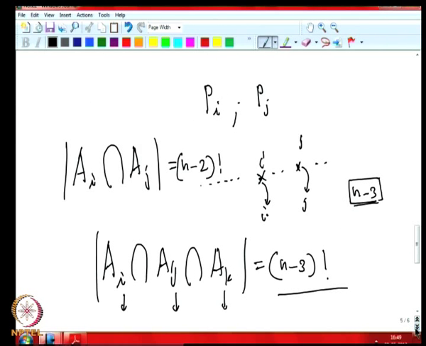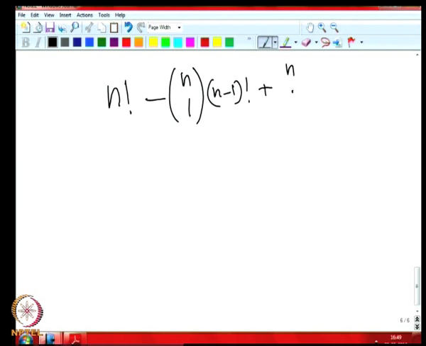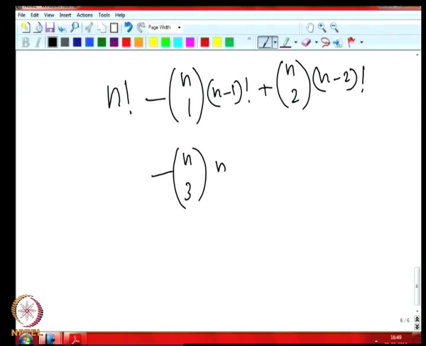So, we get: the universe is n factorial. When you fix one position, that is n minus 1 factorial, n choose 1 ways. When you fix 2 positions, there are n choose 2 ways you can fix those 2 positions, and n minus 2 factorial, and then 3 positions can be fixed in n choose 3 ways, so n minus 3 factorial and so on.